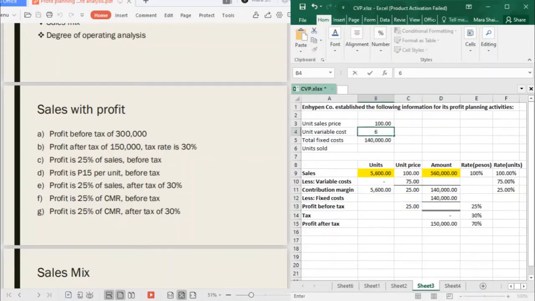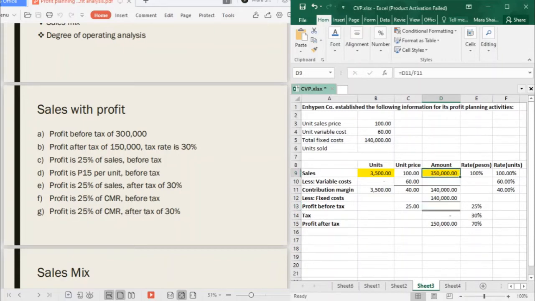So, to better appreciate it, let's lower the variable cost so that the contribution margin is bigger. So, you can see that there is a difference between your unit contribution margin and your unit profit margin. Now, one way to arrive at our sales is this, but this is still incorrect. There is no value here.